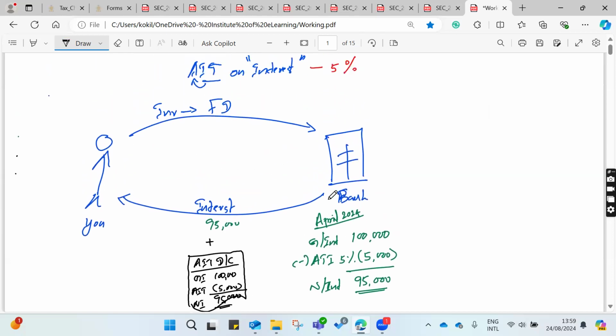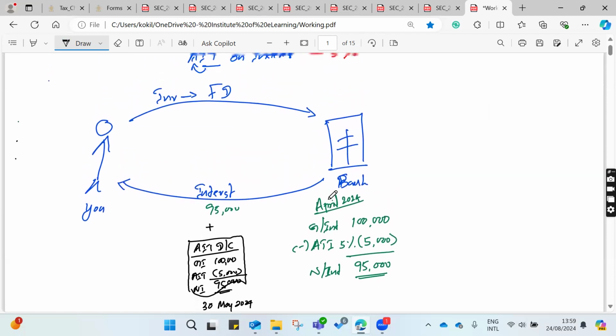So what will the bank do with this 5,000 deducted? They are supposed to remit it to the Inland Revenue Department, the IRD, monthly.